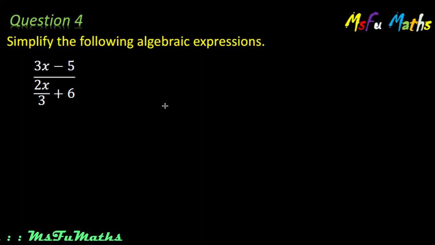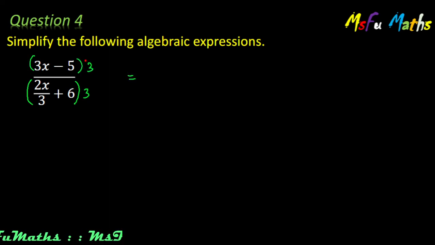Look at this question. When you look here, your denominator has a fraction, right? To get rid of this 3, we can just times 3. Here also you times 3.